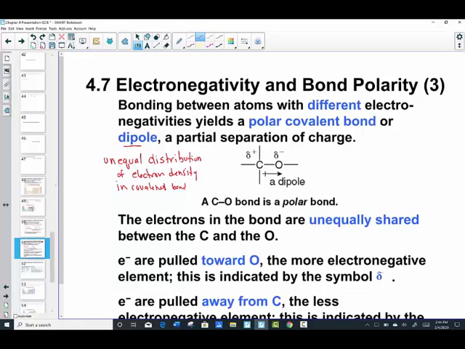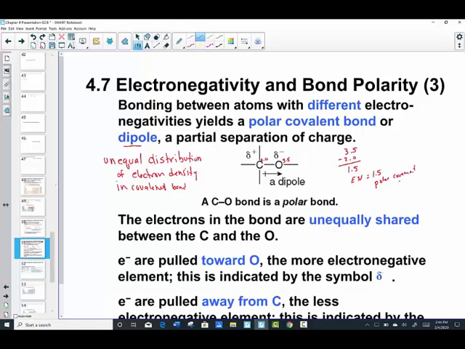For example, oxygen has an electronegativity value of 3.5 and carbon has a value of 2.0. 3.5 minus 2.0 gives me an electronegativity difference of 1.5. That to me is a significant enough value to create a polar covalent bond.